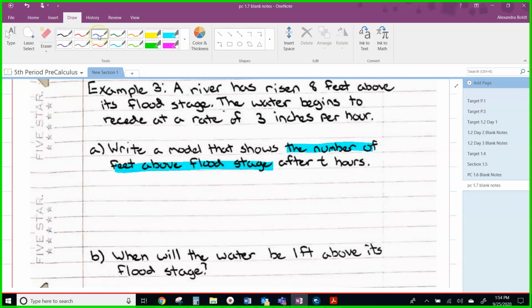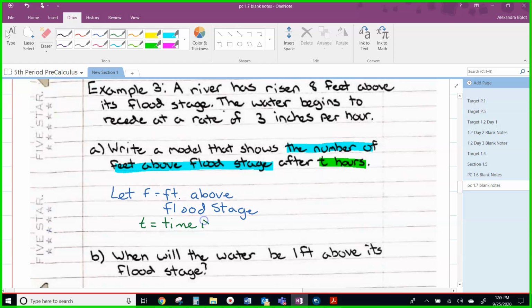So we're going to let f equal feet above flood stage, and so then t equals time in hours. Right, it does specifically say t hours.